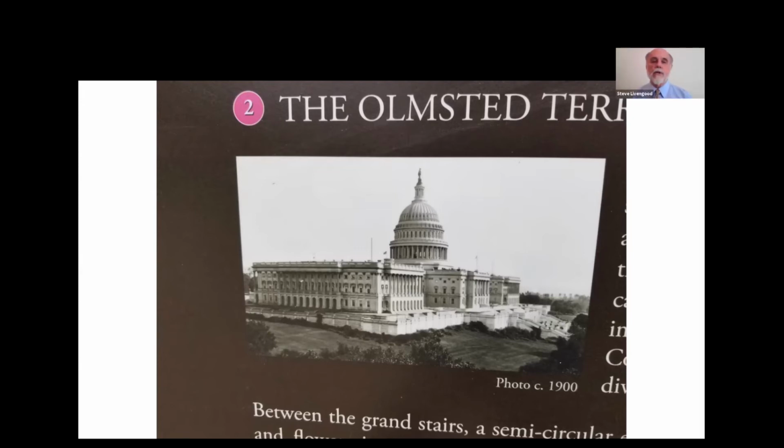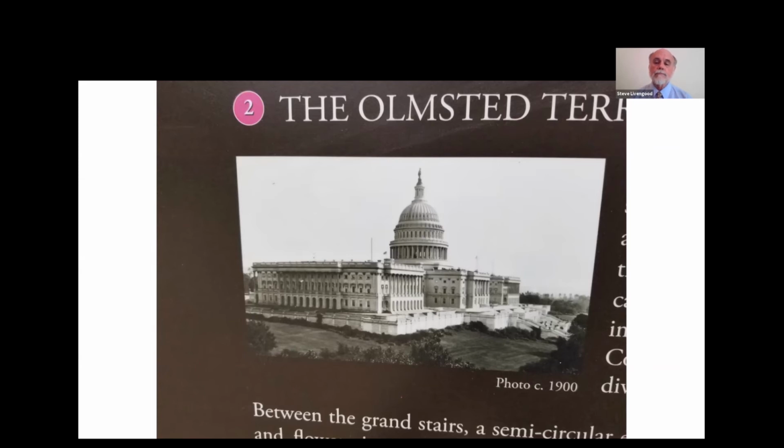Well, the Senate buildings were not there when Olmsted was working, but all around the enlarged Capitol grounds now, there are all sorts of elements that echo Olmsted's work. For instance, the Library of Congress, which wasn't built until after Olmsted, has those same low walls. So you can tell these are elements copied from Olmsted.